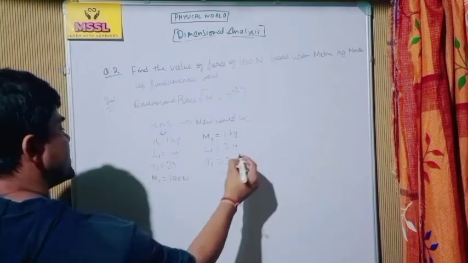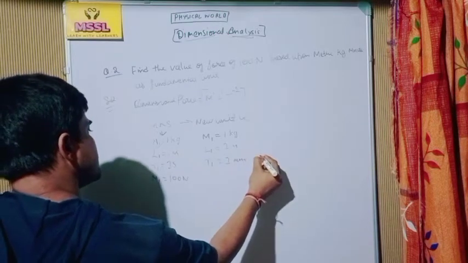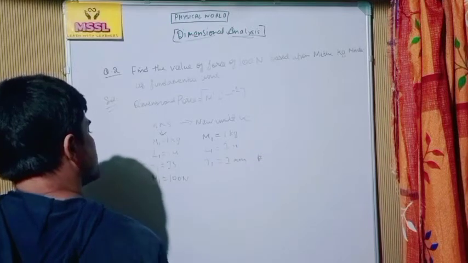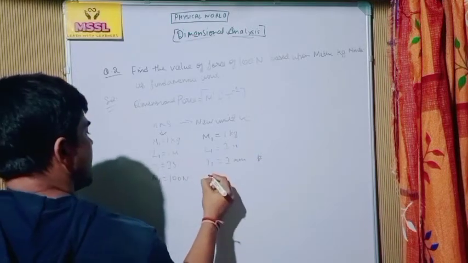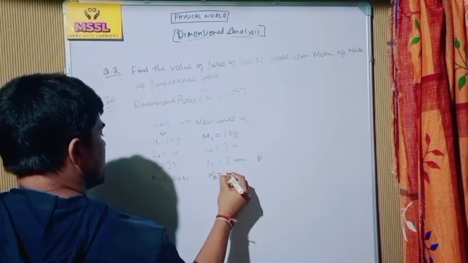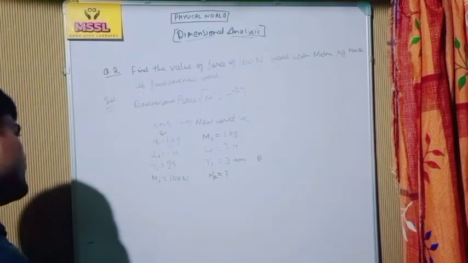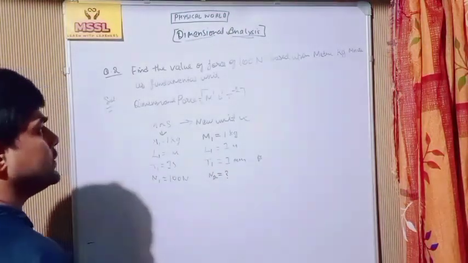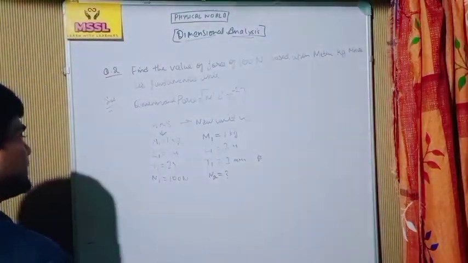There's only a change in the time. And we have to find N2 because N2 is unknown. So we'll use the same steps.